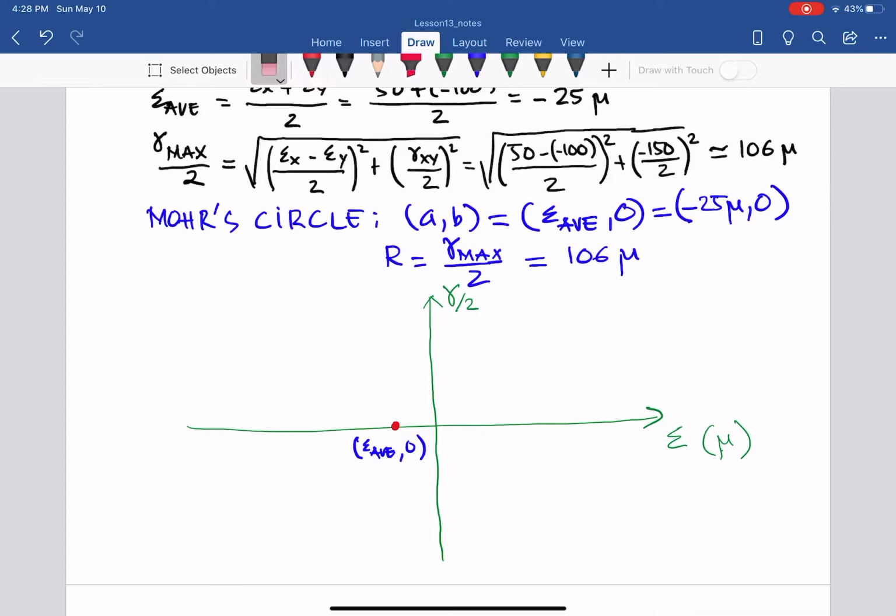So we have 25, 25, 25, 25, so that is about 100. So it's 100 here.